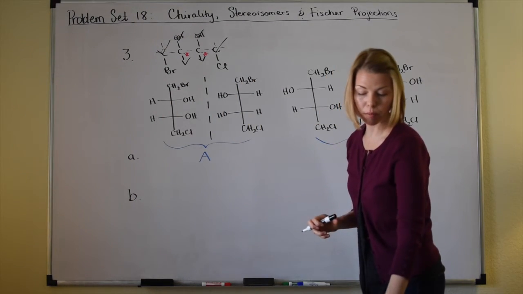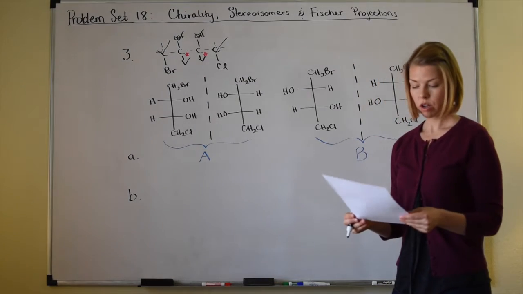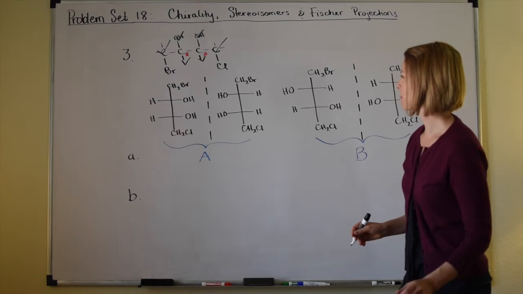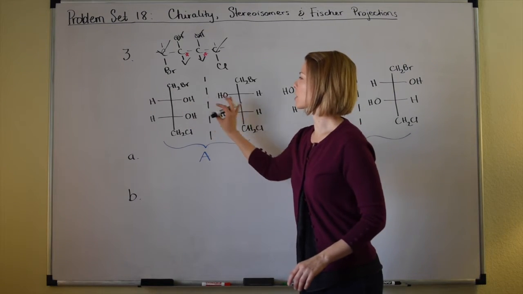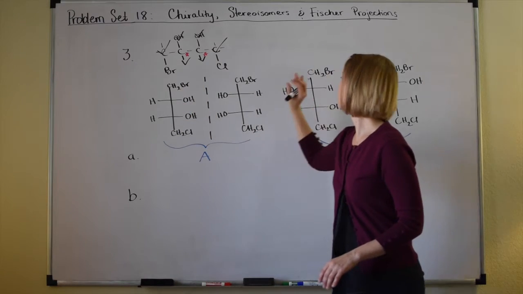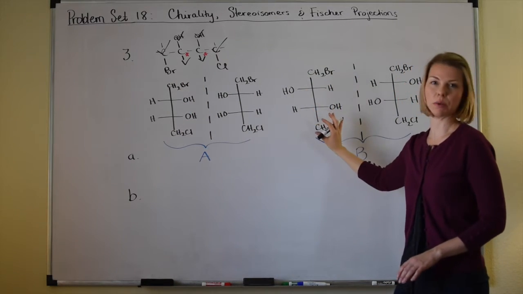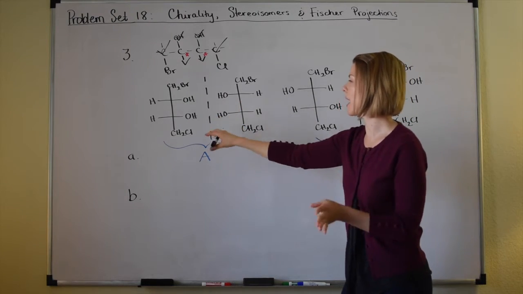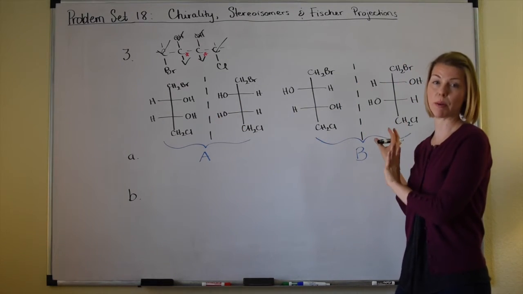says, how are molecules A related to the molecules labeled as B? Okay. So we know that these are enantiomers because they're non-superimposable mirror image forms. But how would this be related to this one over here? So that's the question. How is one of the enantiomers from A related to one of the enantiomers from B?